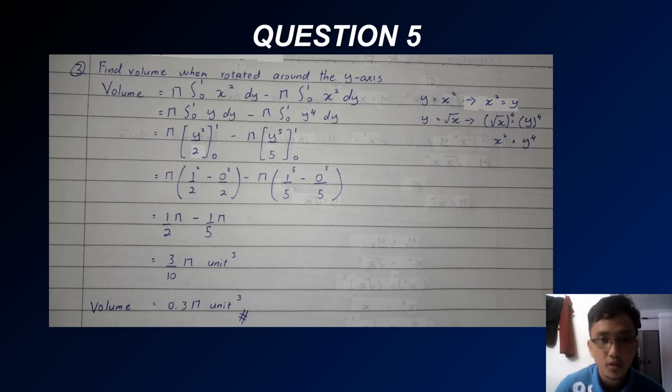In step 3, we want to find the volume when the graph is rotated around the y-axis. First we formulate the formula, and this is the formula: pi integral from 1 to 0 of x power 2 dy, minus pi integral from 1 to 0 of x power 2 dy.